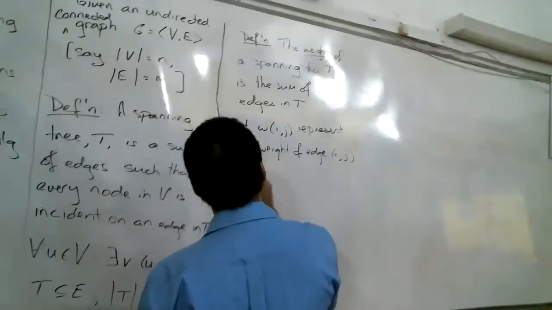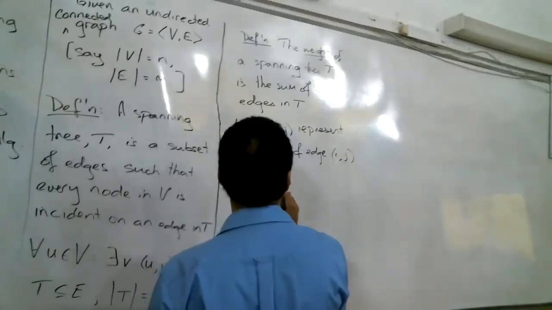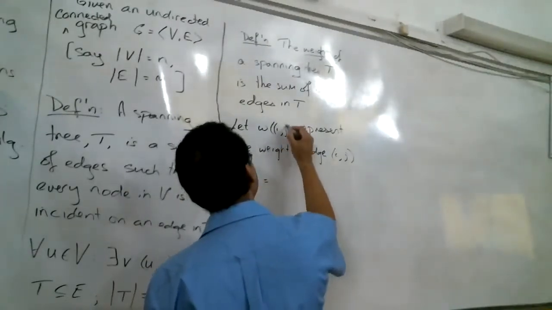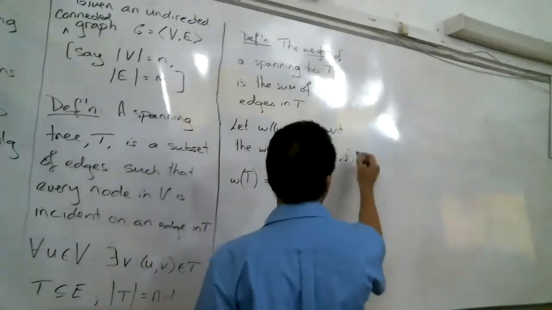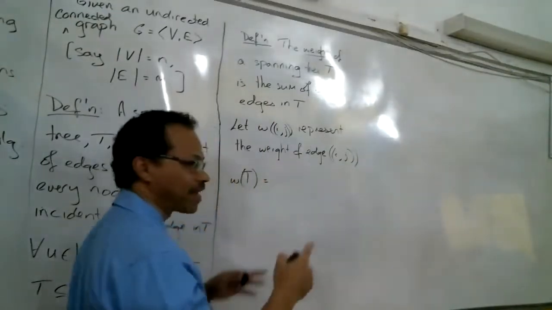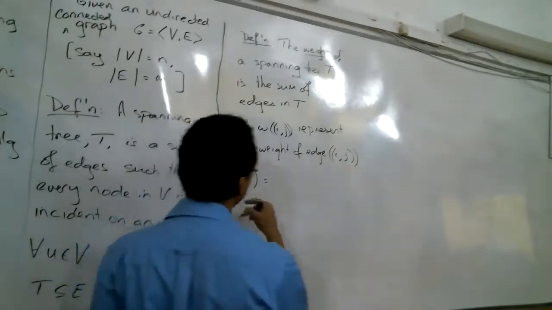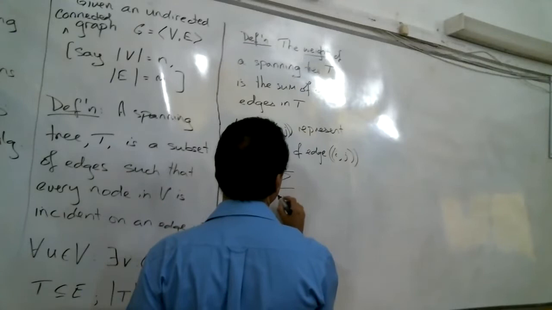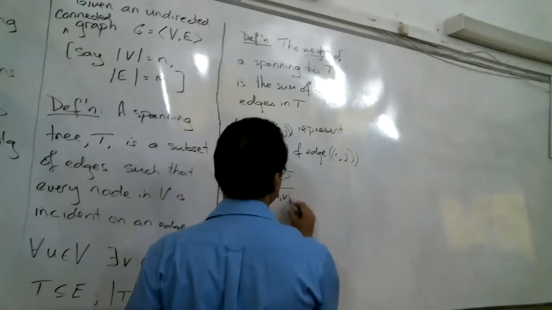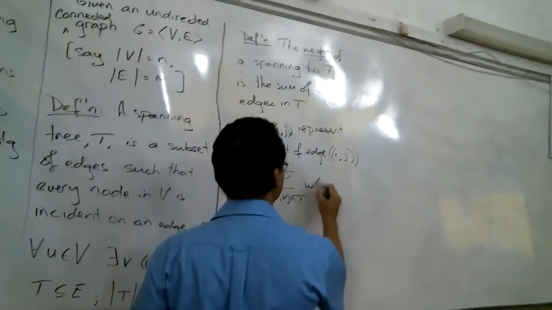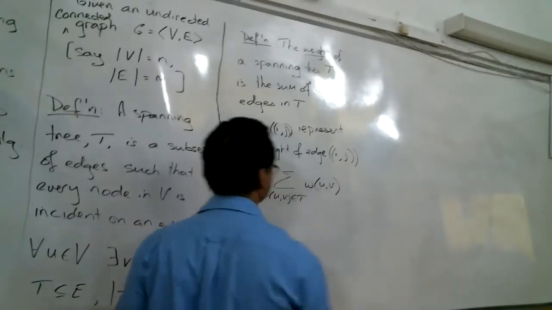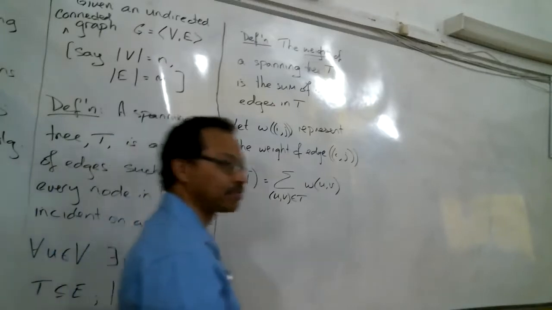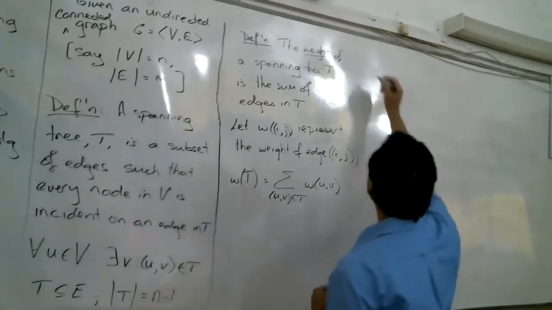So then the weight of the overall tree, technically speaking, I should be doing this because the edge is a thing and the weight is a function of that thing. So the weight of the overall tree is just the sum of all the edges in the tree. That's what you'd expect.